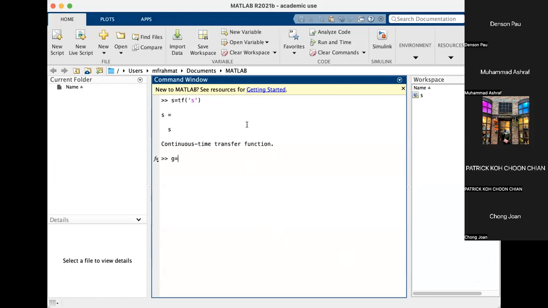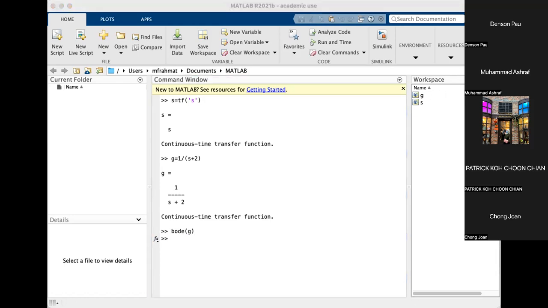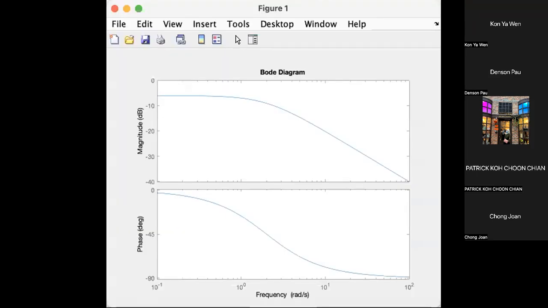So G is equal to 1 over s plus 2. Then the command is bode G. That's all. Okay, so I share the figure. Can you see the figure?